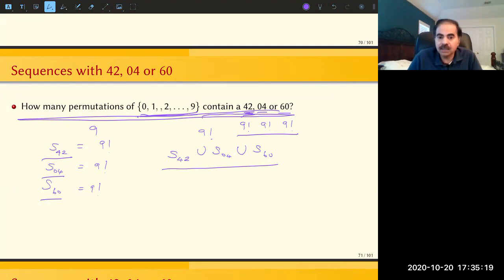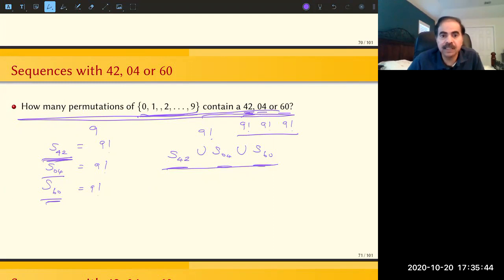And so I need to apply my inclusion-exclusion principle, because among the permutations that contain 42 there could be a 04 in there. We are not saying that there won't be a 04. Similarly, there could be a 60. So these are not disjoint sets, so we cannot simply add them up.